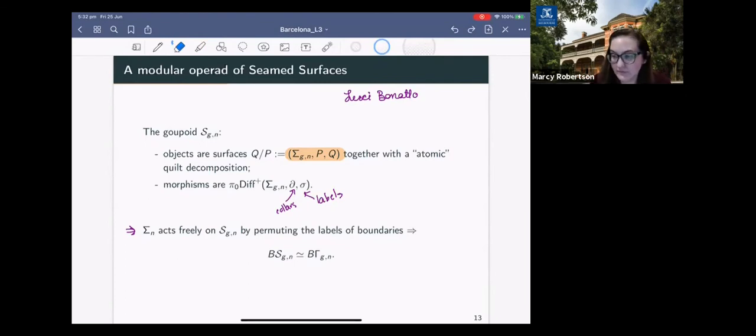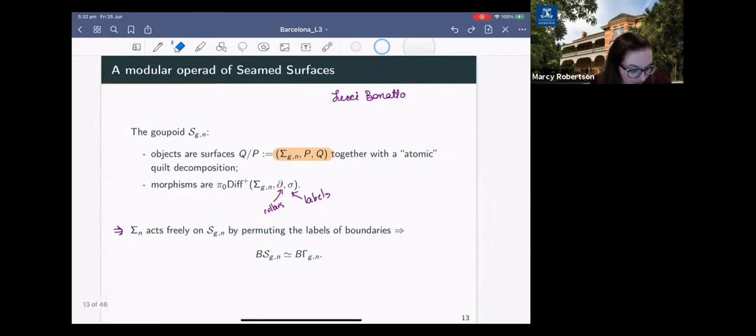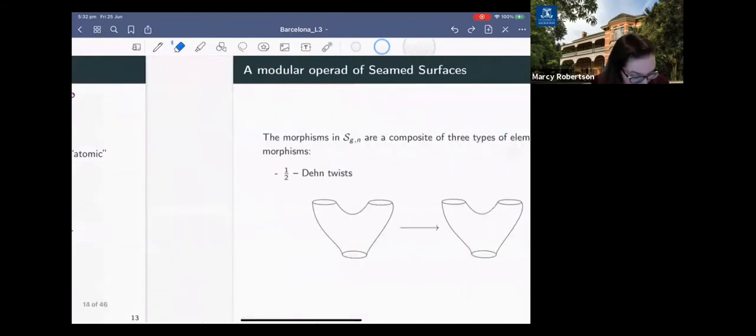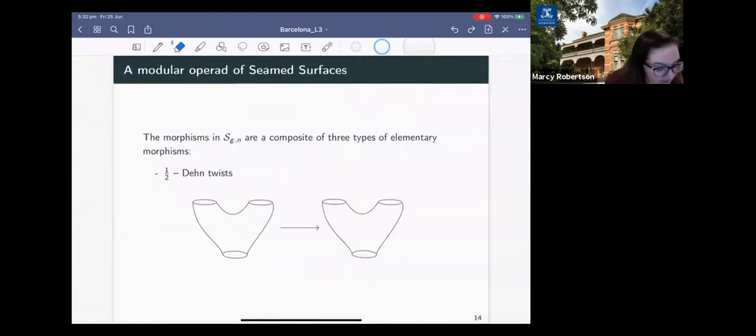But these groupoids are nice. And if we use some of the techniques that Hatcher and Thurston used to prove that the mapping class group has a presentation, we can show that this groupoid has morphisms which are the composite of 3 elementary types of morphisms.